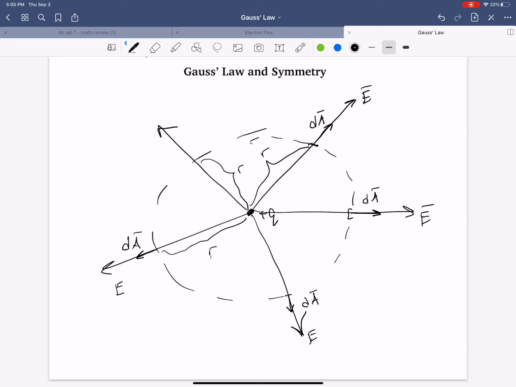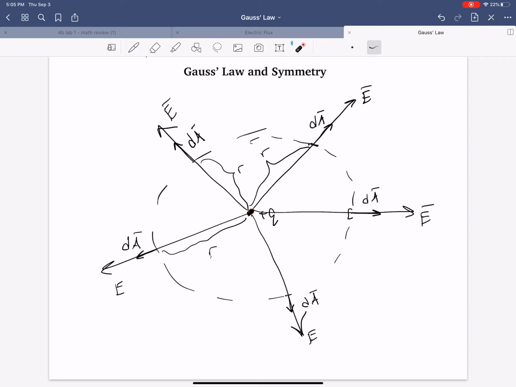The area vector always is normal to the surface at that point. And if you choose a sphere around a point particle, dA is in the same direction as E. And so this is a great choice of a Gaussian surface for a point particle, right? Again, because the magnitude of the electric field at the surface of this sphere is the same, and that's because the surface is the same distance from that charge at all points.